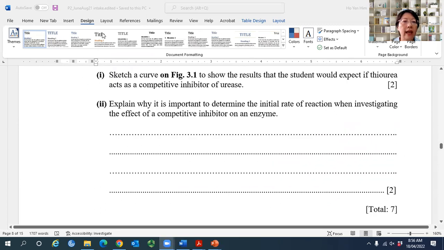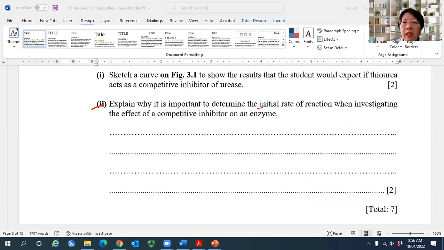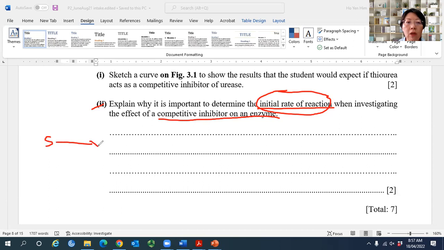So let's finish the last answer. Explain why it is important to determine the initial rate of reaction when investigating the effect of a competitive inhibitor on enzyme. Whether you're investigating a competitive inhibitor or not, as long as you want to measure the rate of an enzyme-catalyzed reaction, you will always have to measure the initial rate, right? Because the substrate will be converted to product whenever enzyme is mixed with the substrate.